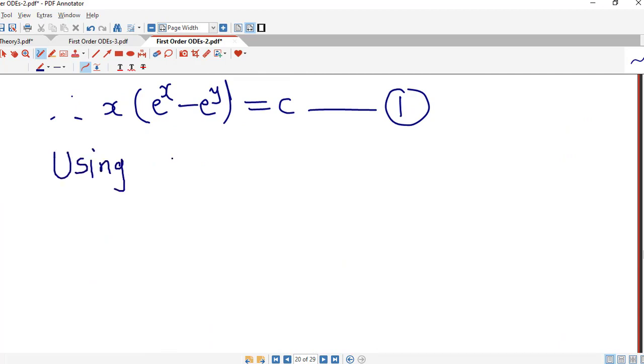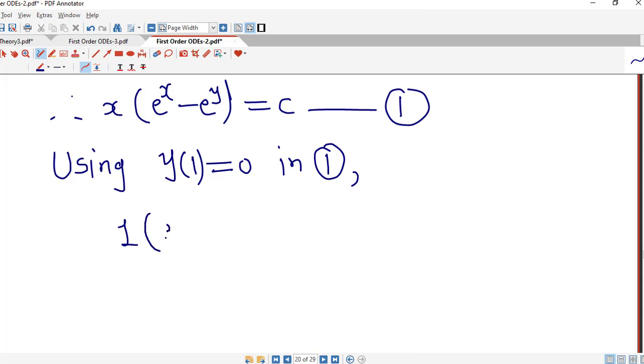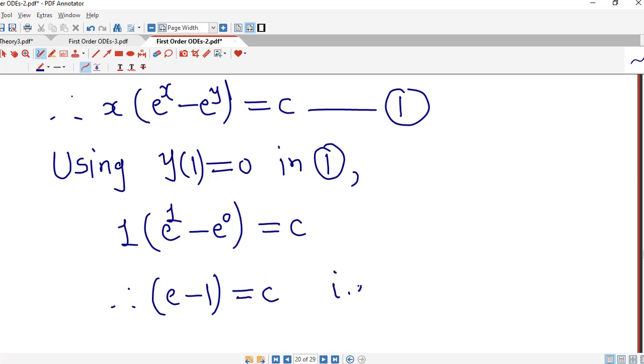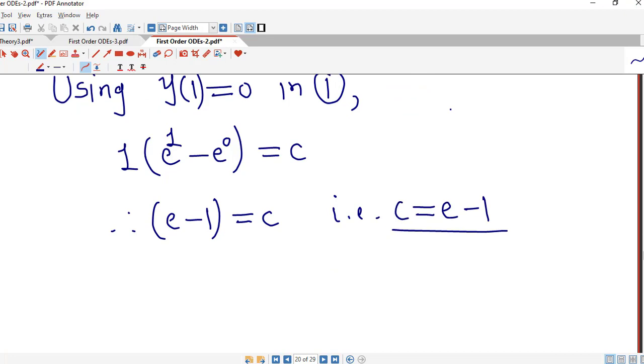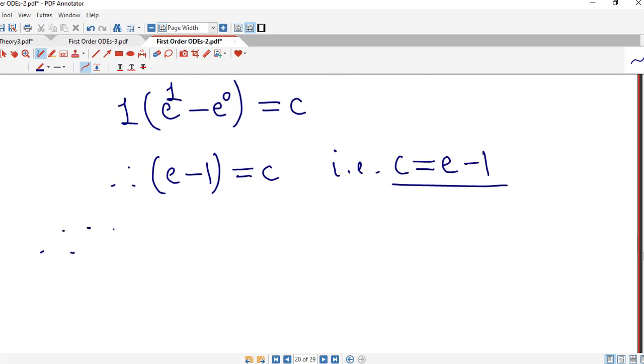So e minus e raised to 0, which is 1, equal to c. That is, the constant of integration is c equal to e minus 1.